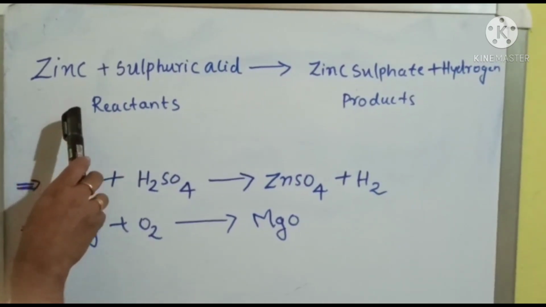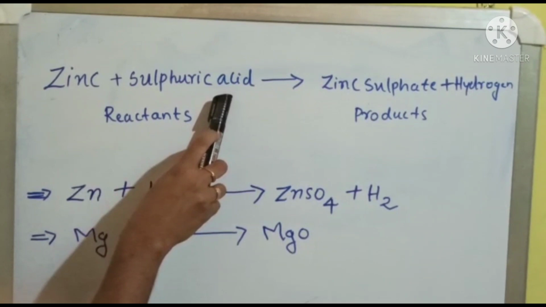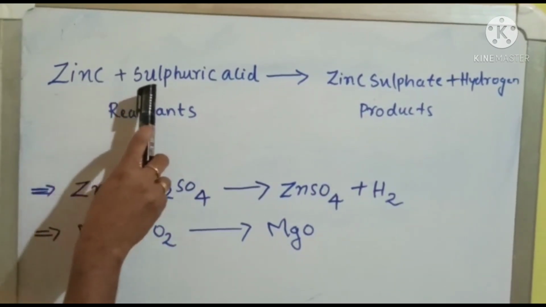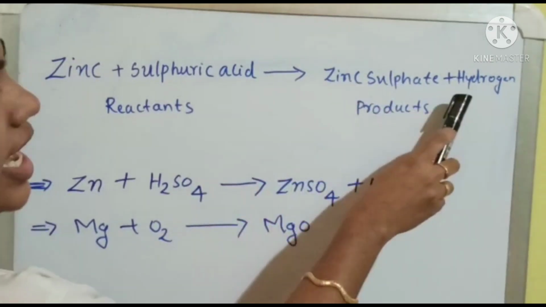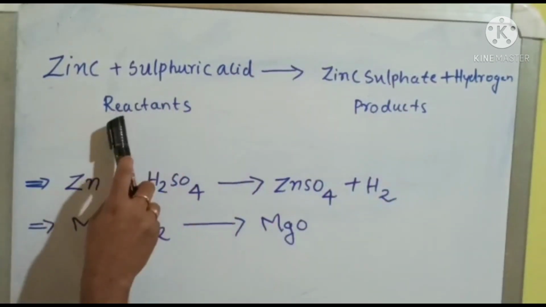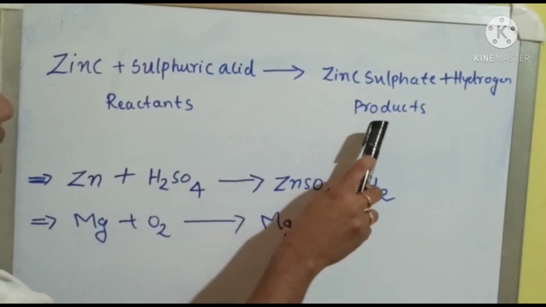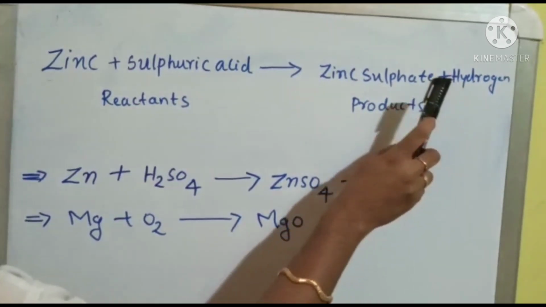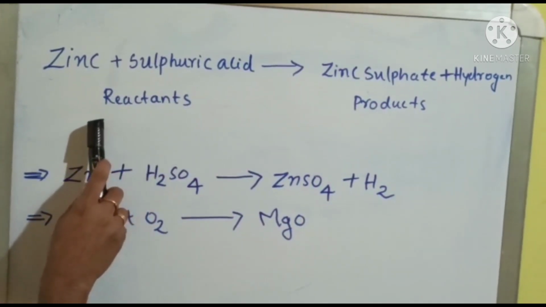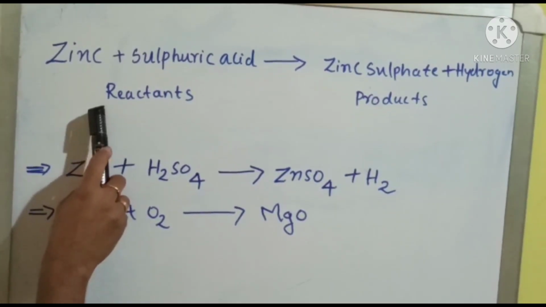Consider another example, the reaction between zinc and sulfuric acid. Zinc and sulfuric acid react together to form zinc sulfate and hydrogen. Here the reactants are zinc and sulfuric acid. Products are zinc sulfate and hydrogen. Then we are going to write its chemical equation.